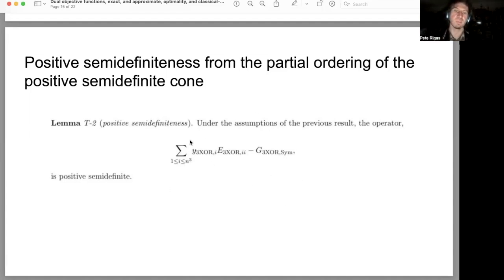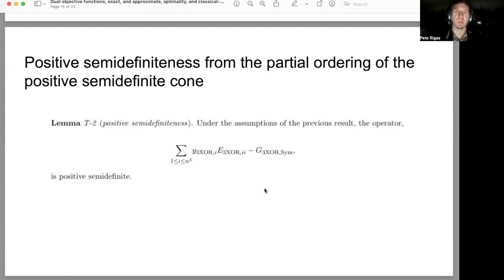positive semi-definite, namely the summation from i between 1 and little n cubed of the dual objective function times this E term, which is again motivated by that superposition over those possible states for U prime and V prime that I described extensively in the previous slide, minus the symmetrized 3XOR game tensor.